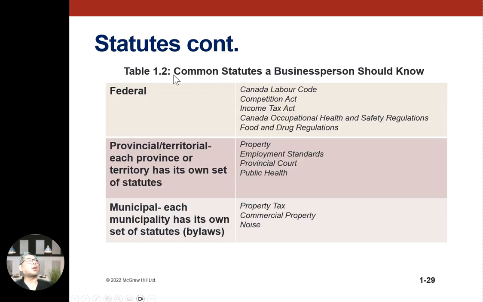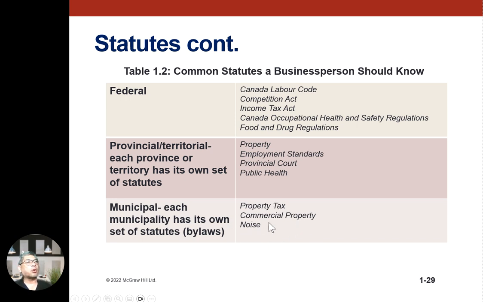So in terms of federal, these are some of the laws available: the Canada Labour Code, Competition Act, Income Tax Act, Canada Commission's Health and Safety Regulations, and Food and Drug Regulations. For provincial and territorial, each province has laws on such things as property, employment standards, provincial court, and public health. For municipalities, it will be property tax, commercial property, as well as noise.